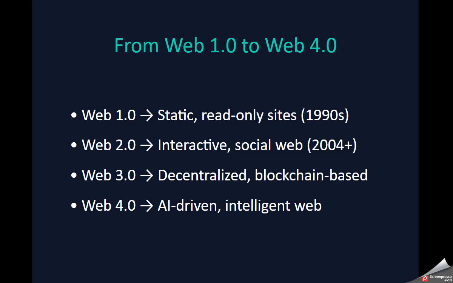It of course uses technologies like advanced AI and machine learning, Internet of Things, virtual reality, augmented reality, quantum computing, and brain-computer interfaces. Examples are smart homes that learn and adapt to you, AI assistants managing your life automatically, self-driving cars communicating with smart cities. So you see how it has evolved from Web 1, which is static and read-only, to the future, which is Web 4.